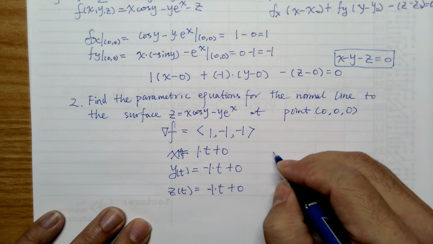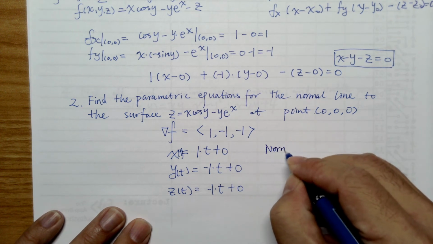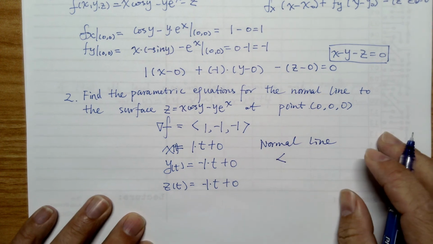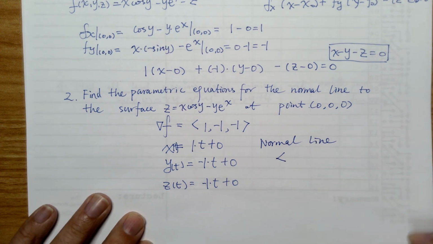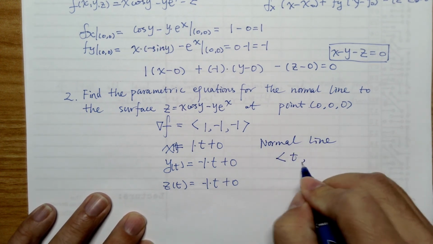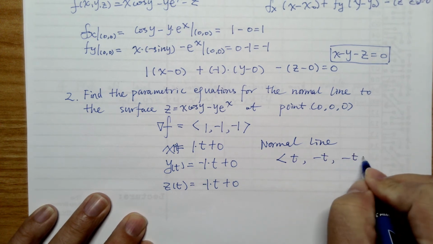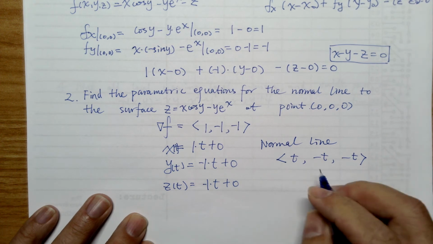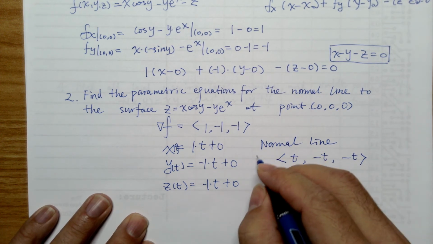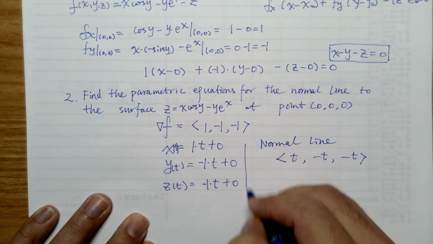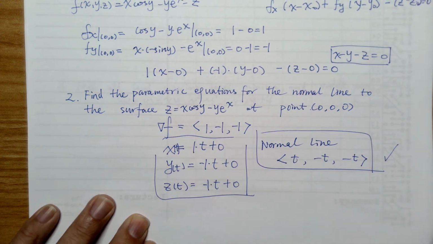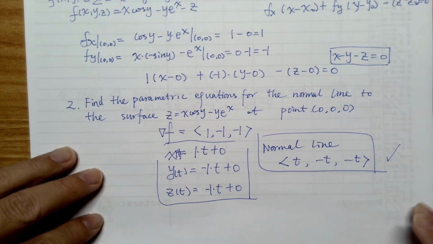If we write it in component vector notation, that's t, -t, and -t. You can write it either in this way or in this way; either way will work. So that's this problem.